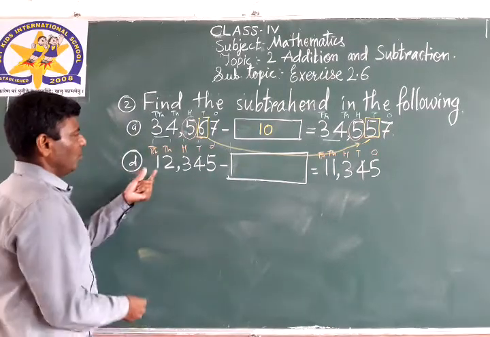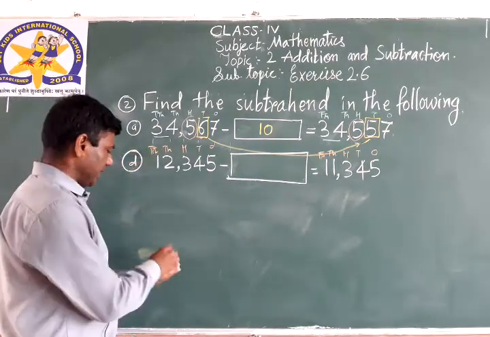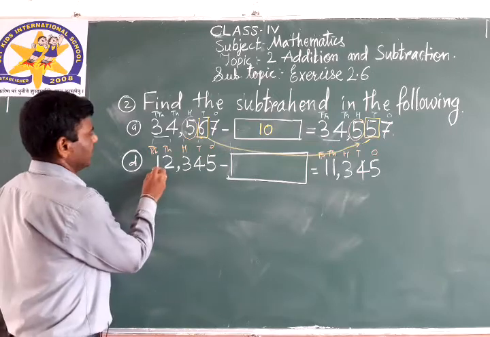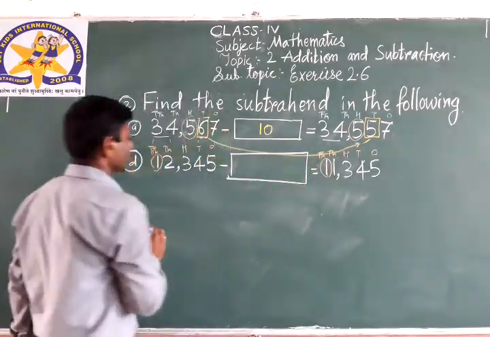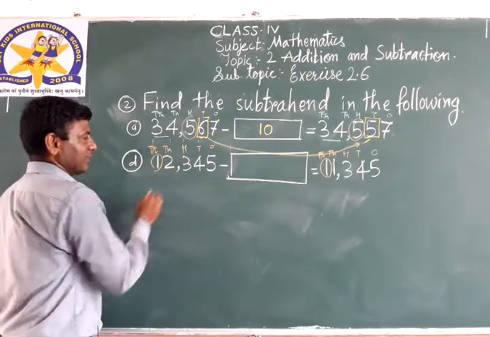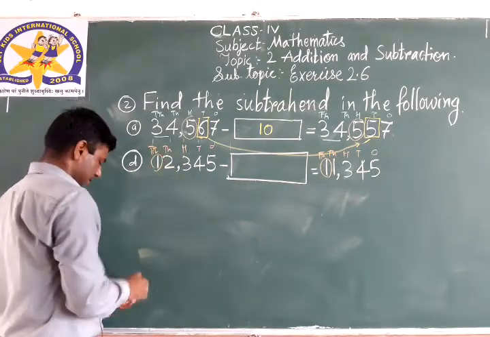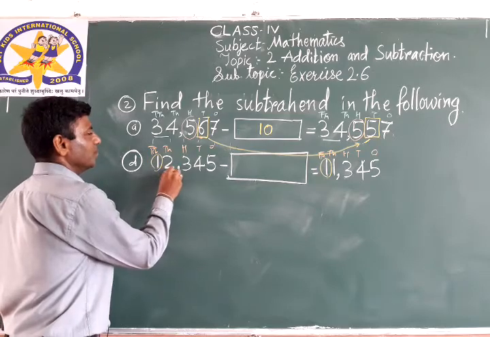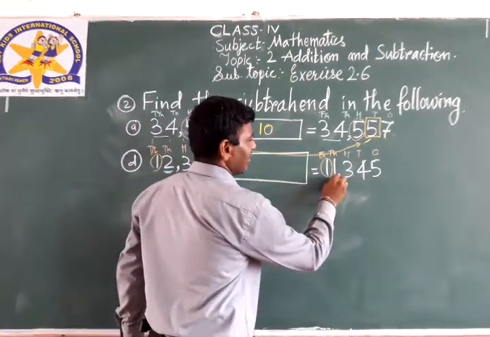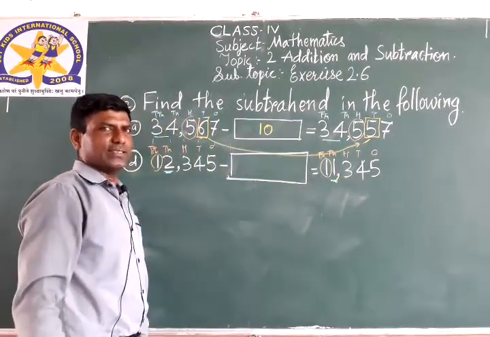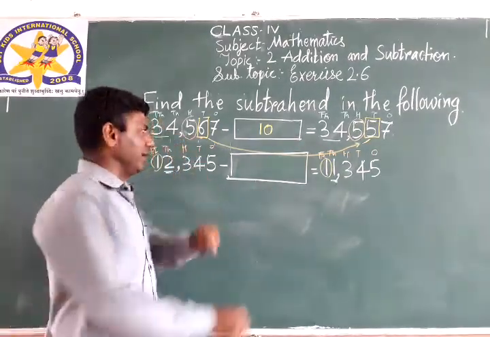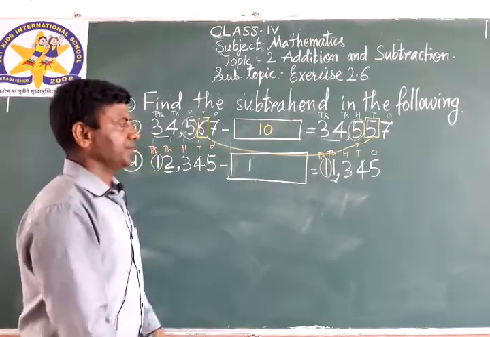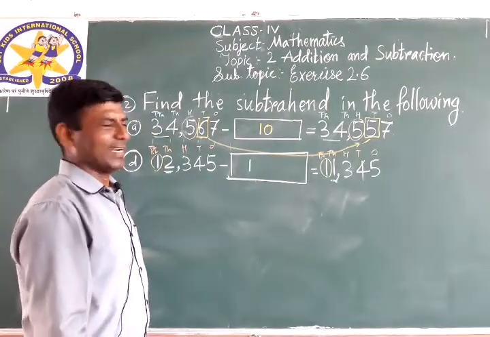Now see, focus on the 10,000 place. Here is a 1, here is also 1. In the 1000 place, here is a 2, and here is a 1 in the difference. Means 2 minus 1, 1. Right?